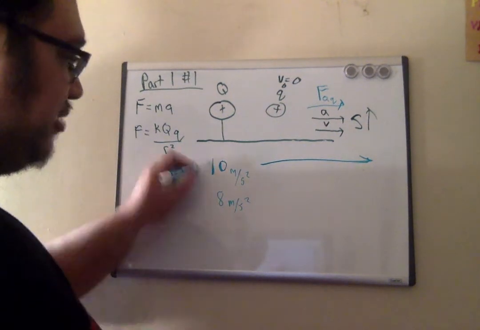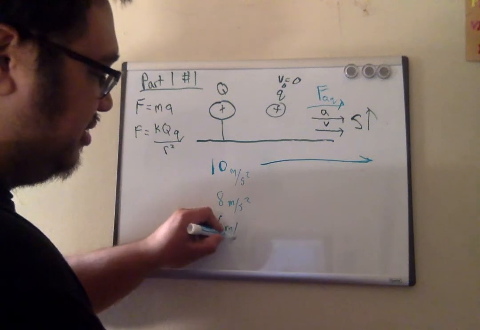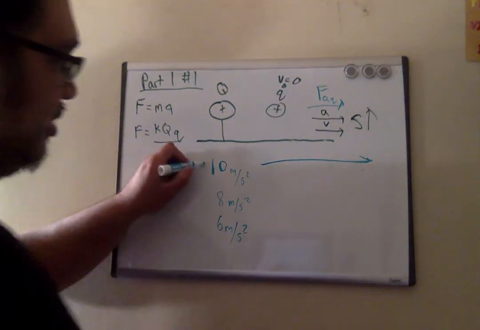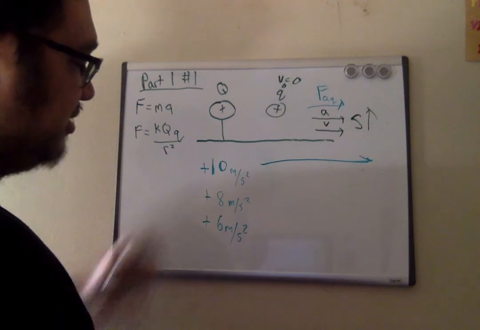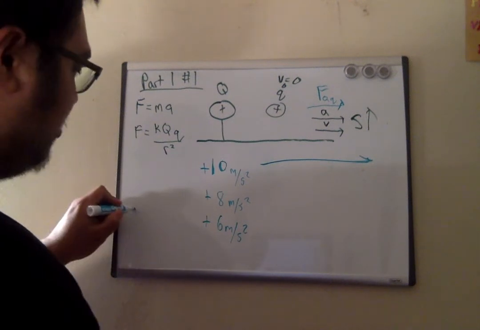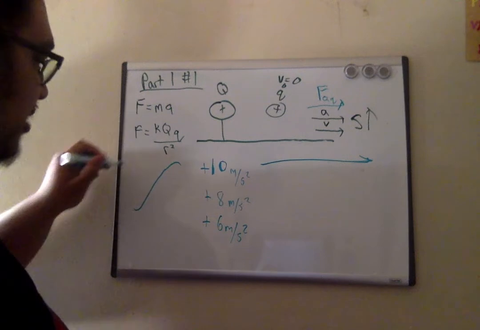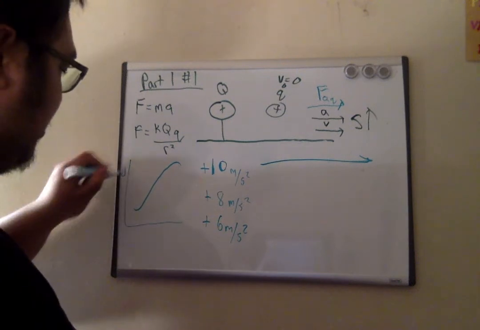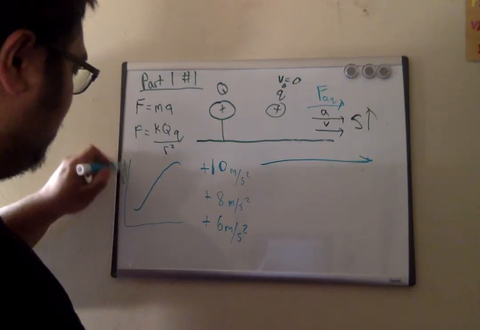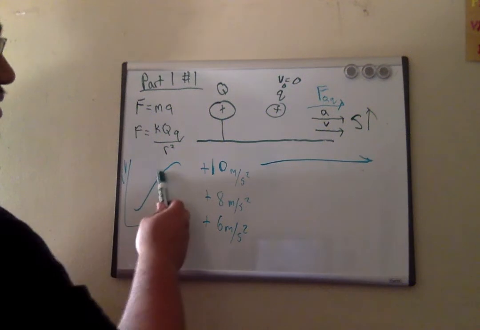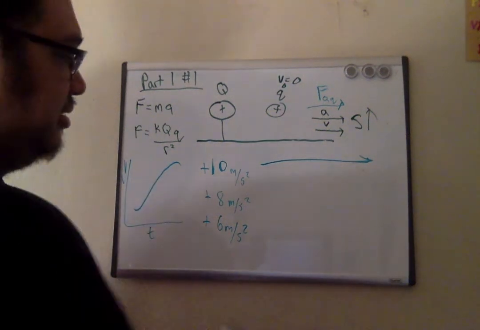And so if we graphed this, even though acceleration is decreasing, notice that each of these numbers is still positive. Therefore, if we graphed velocity versus time, our slope is still positive, so our speed is increasing.